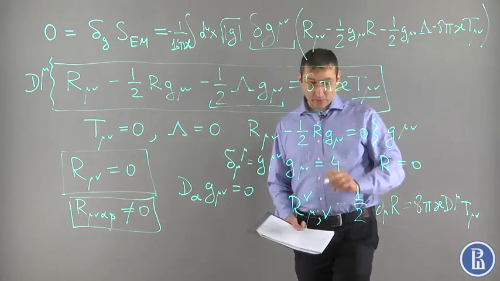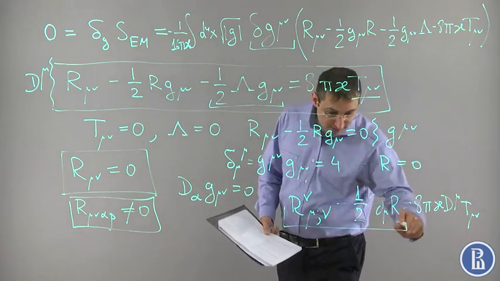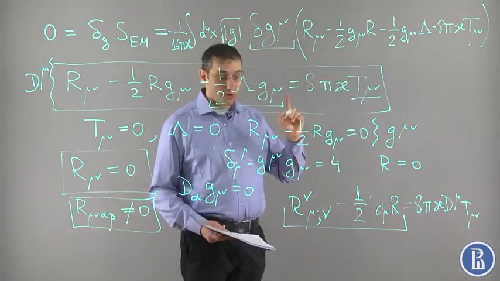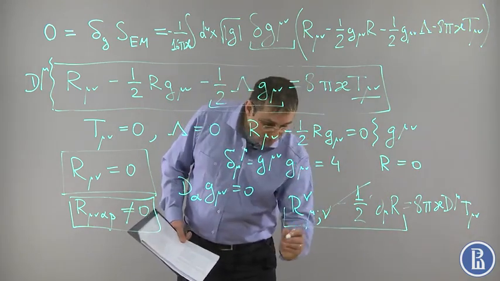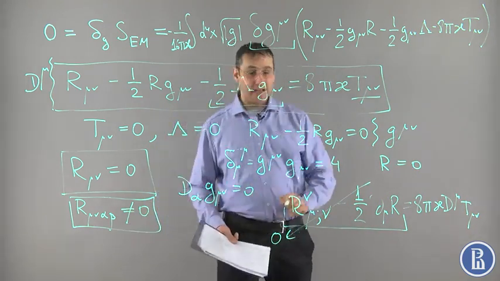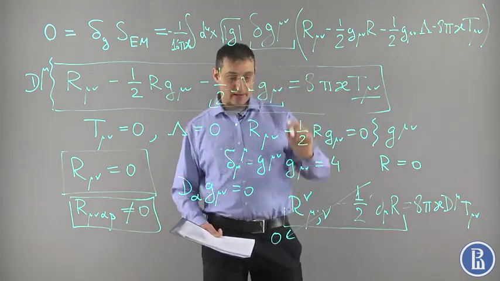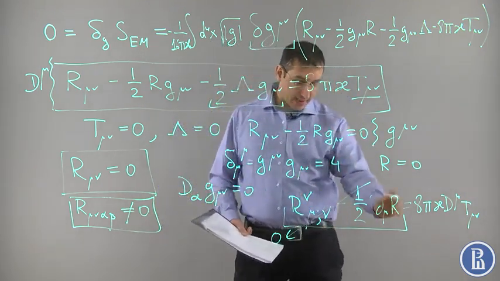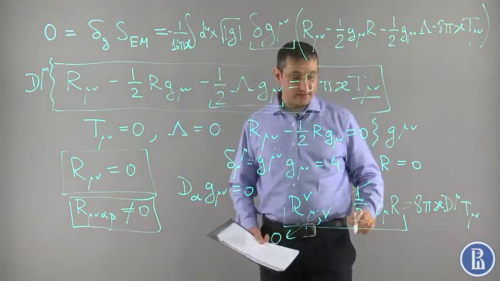But what is standing on the left-hand side, we have observed to be equal to 0 due to the Bianchi identity. At the very end of the previous lecture, we saw that the Bianchi identity implies that this is 0.